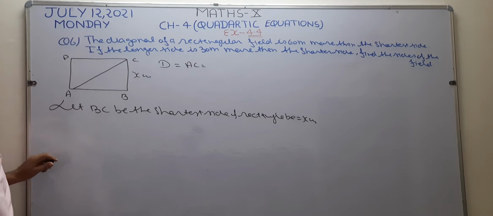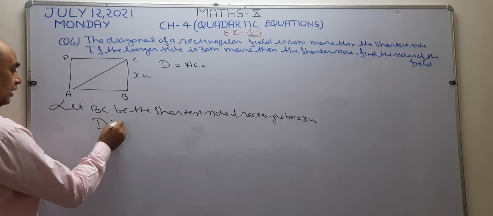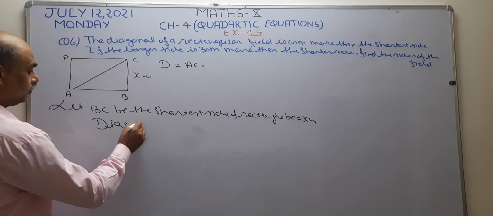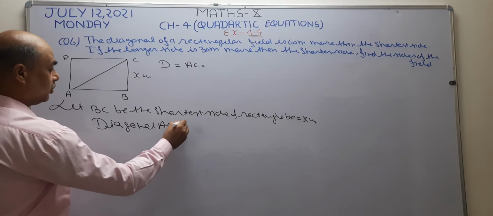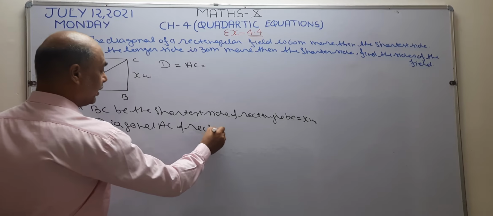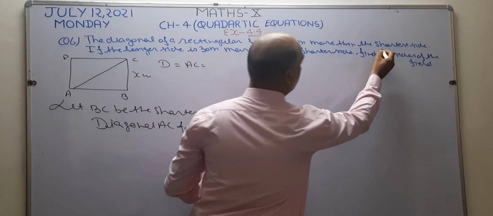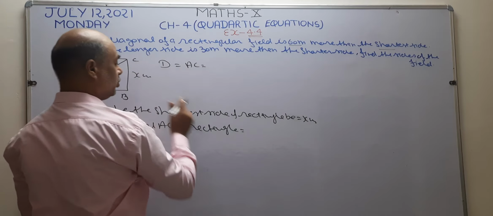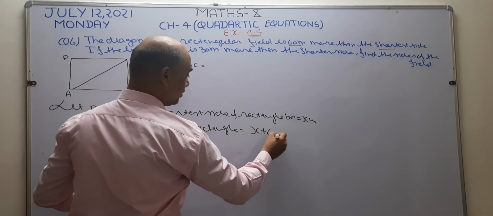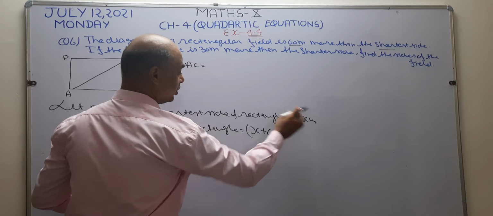Okay. Now according to the question, the diagonal AC of the rectangle is given 60 meter more than its shorter side. The shorter side is x meter, so it is going to be x plus 60. I want to add 60 to the shorter side.